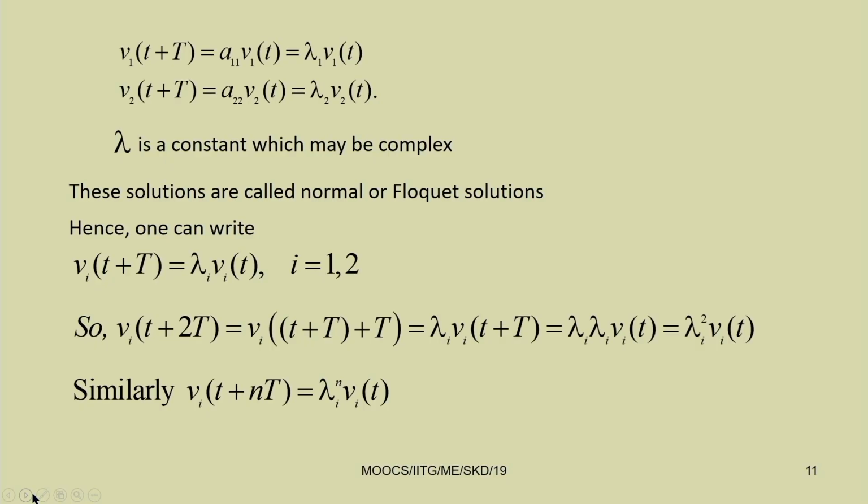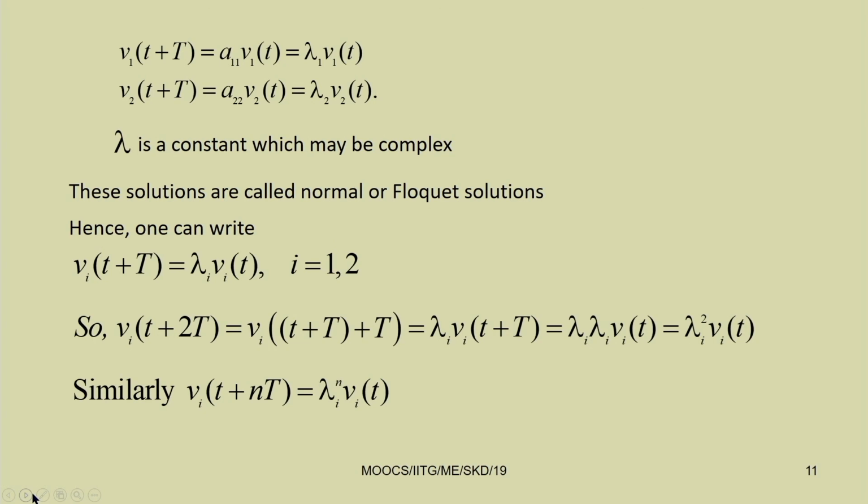So, V1(t+T) equal to a11 V1(t). We can write this as lambda1 V1(t) also. Then V2(t+T) equal to a22 V2(t), or we can write this as lambda2 V2(t). That means we can get a set of solutions for which the A matrix will be only diagonal.